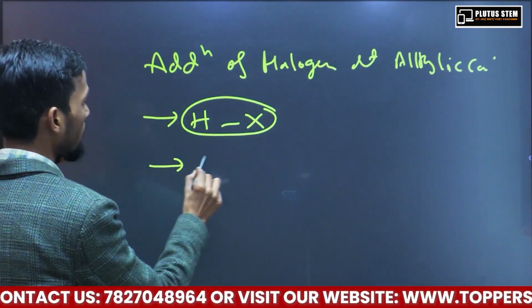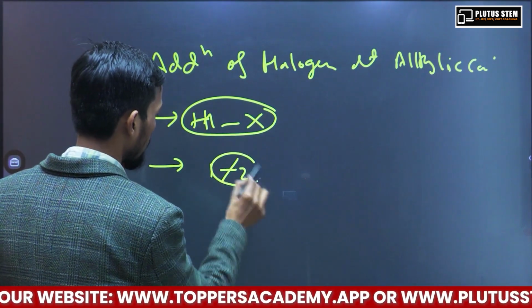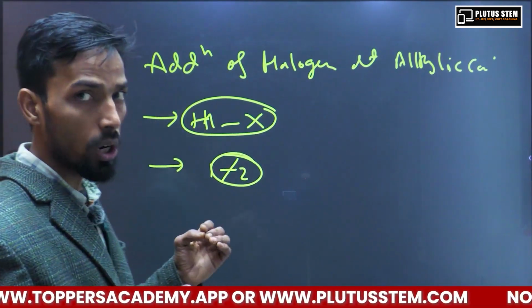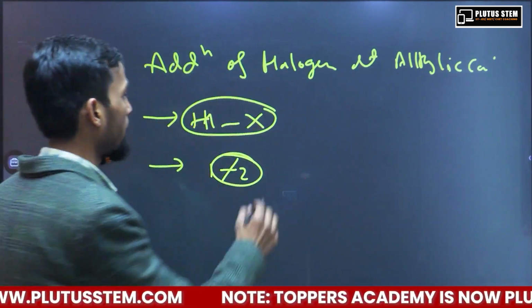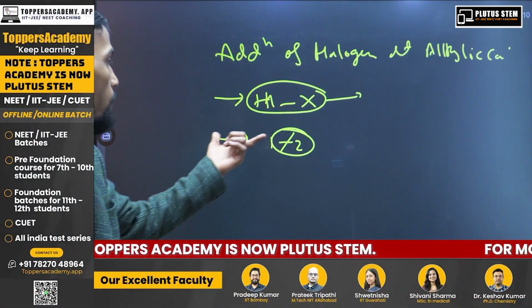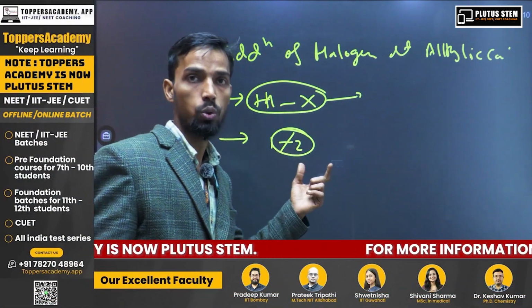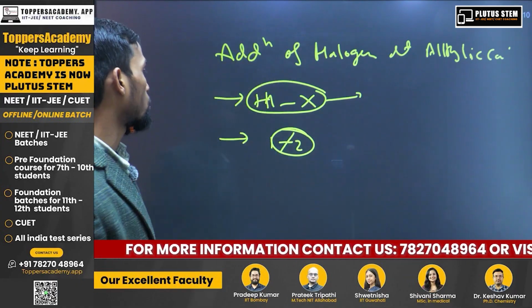In the next lecture we are going to see the addition of X2. How is this X2 addition going to take place? Are they going to attach in the same manner as we have seen with HX, or will there be some other way of attaching X2, Cl2, Br2, I2? We are going to see what the way is.